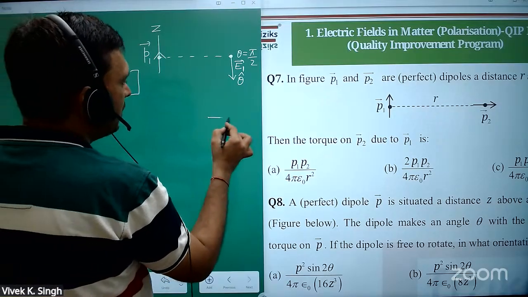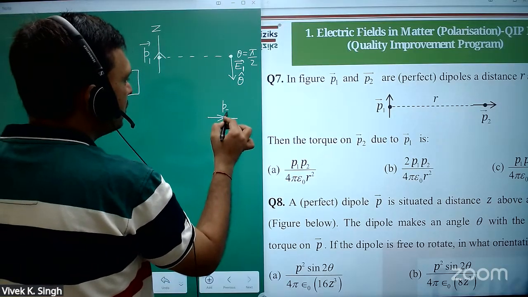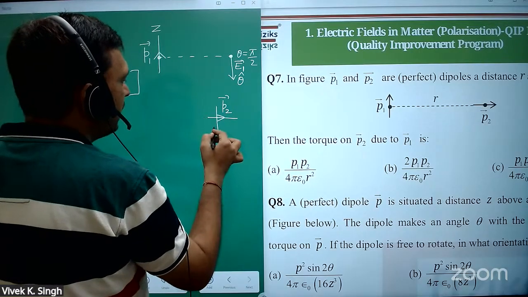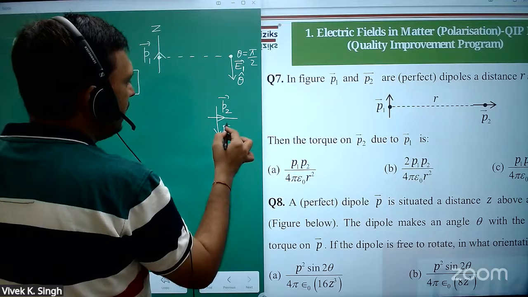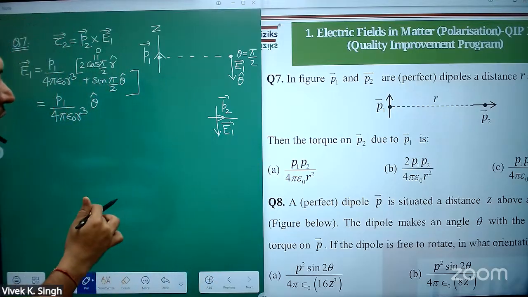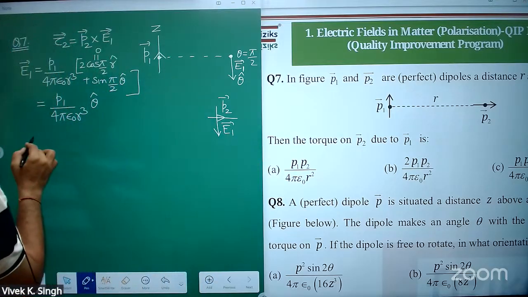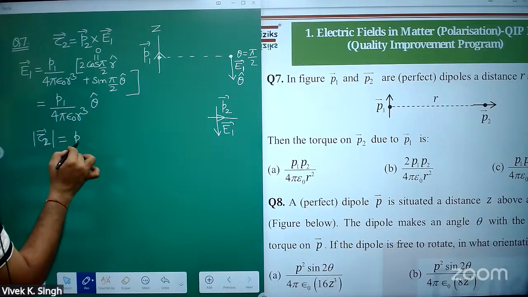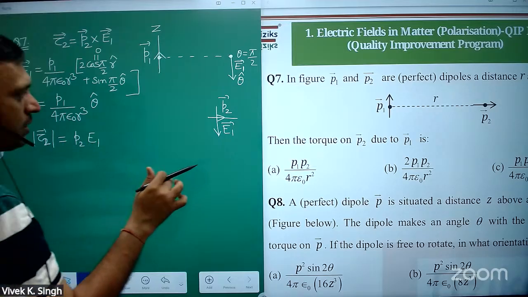Now see, this is P2 and it is placed in an external field E1. So what will be the torque? P2 cross E1. The magnitude of torque is given by P2 E1. And what will be the direction?